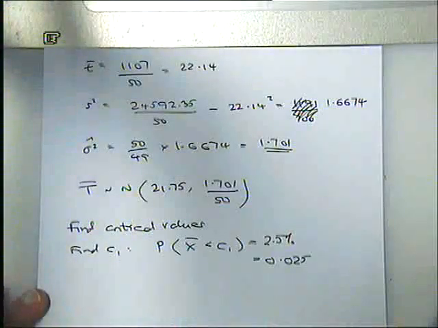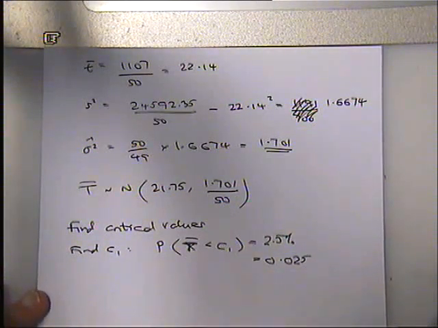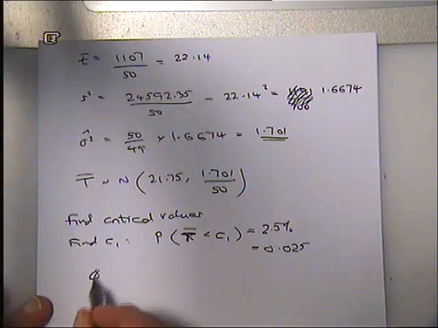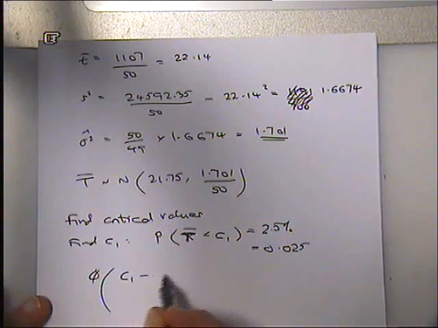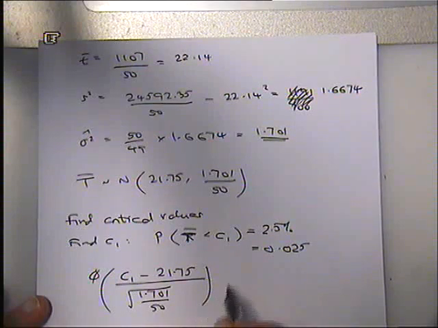T bar, thank you, Alex. So, phi of C1 minus our mean over that square rooted.